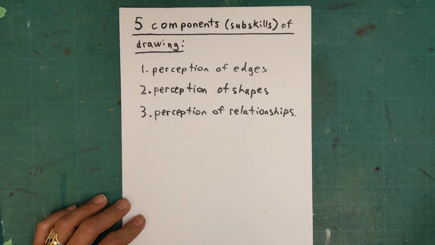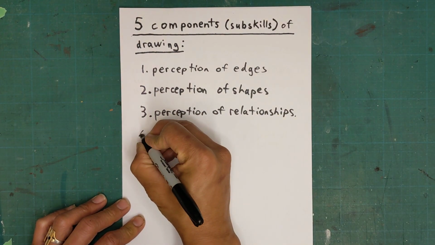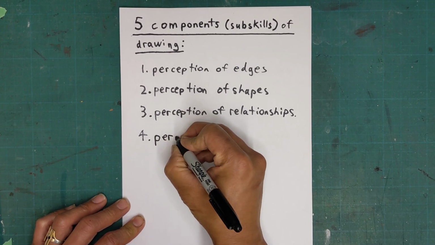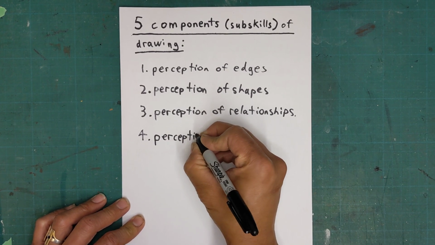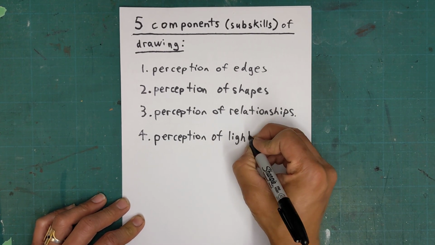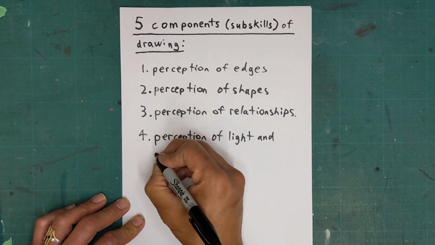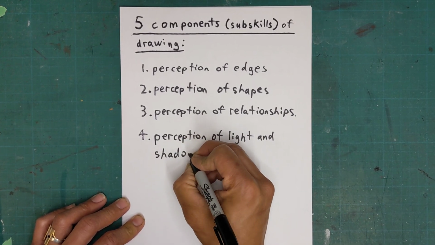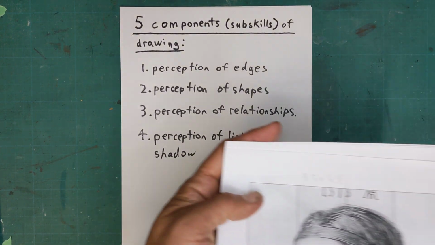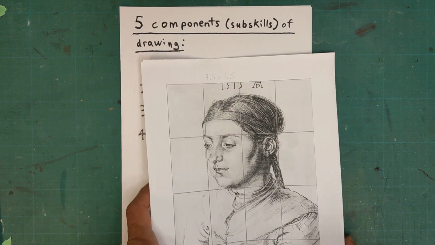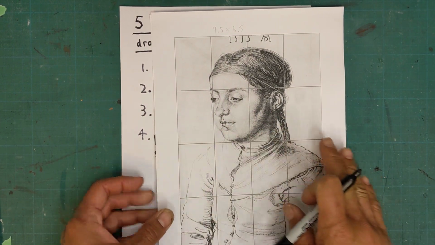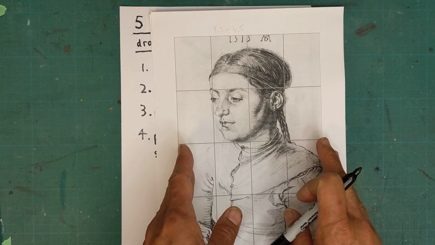And then number 4. Perception of light and shadow, which we've been doing this last week with the tonal range scale, and you all did really, really well with it. So, how much of a tonal range does this image cover?